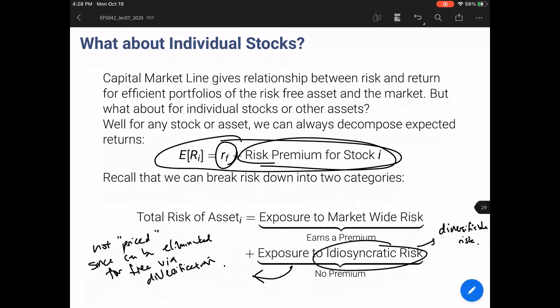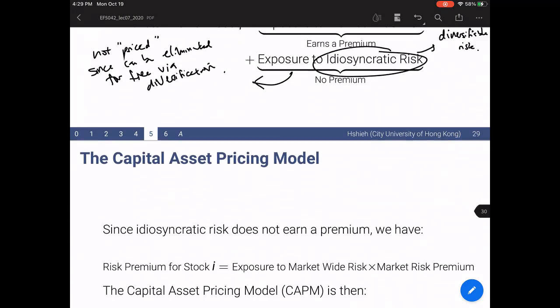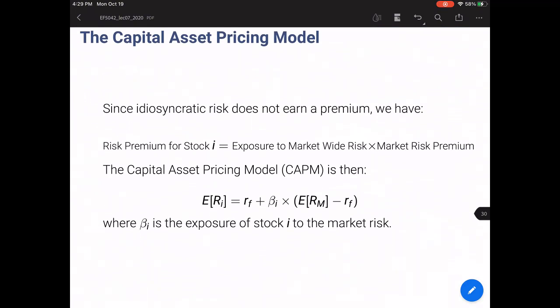Okay. So if that's the case, we can therefore represent this risk premium in the following way.